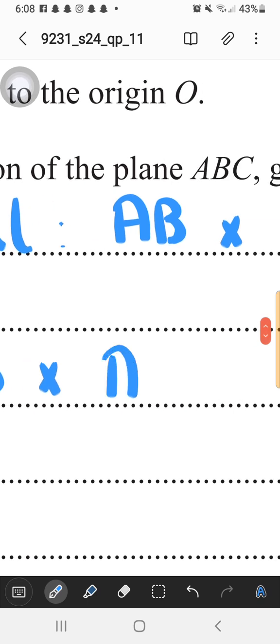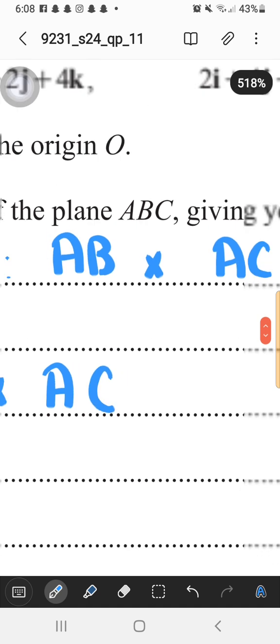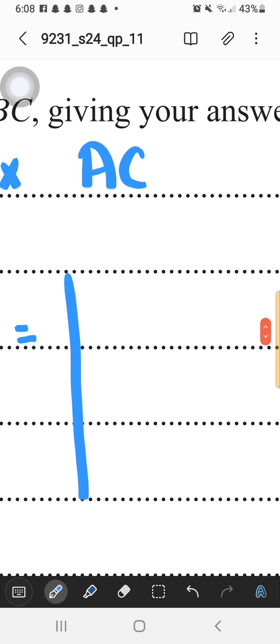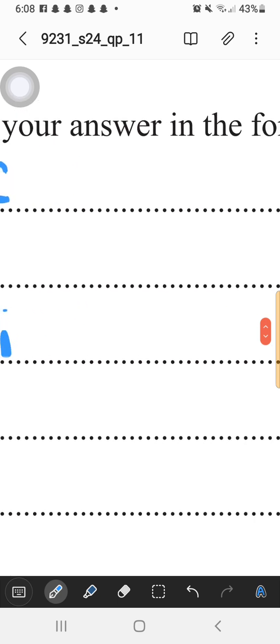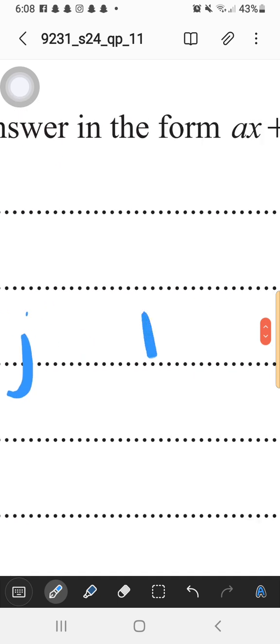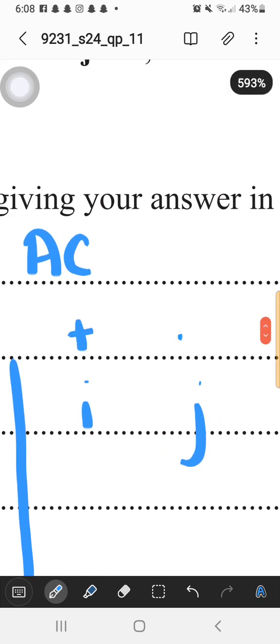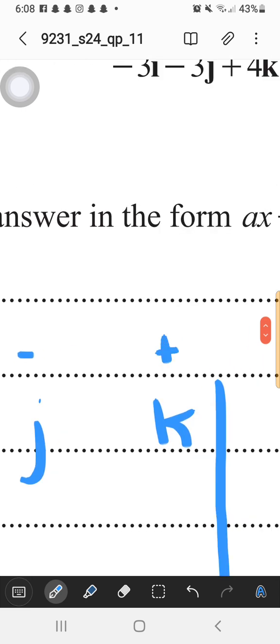It is basic O level mathematics. There is i, j and k. We are doing matrices here. This will be positive, this will be negative, this will be positive.